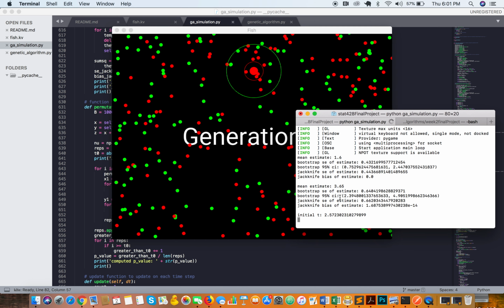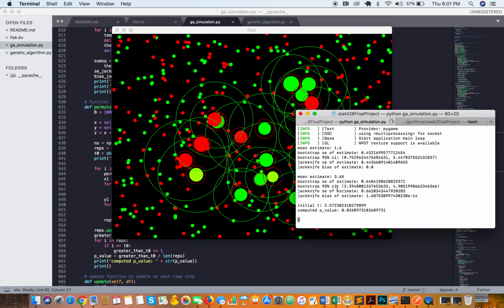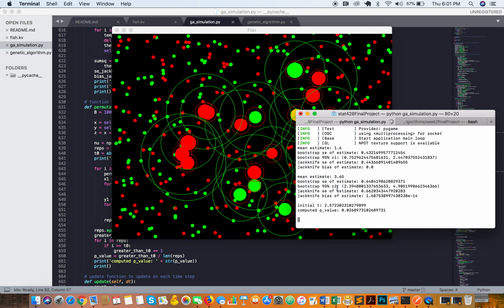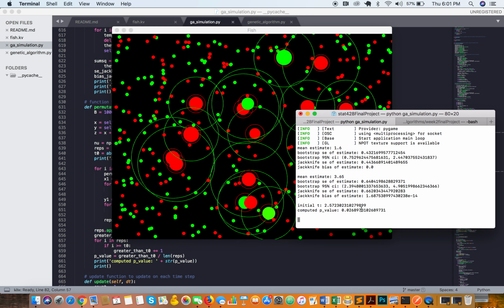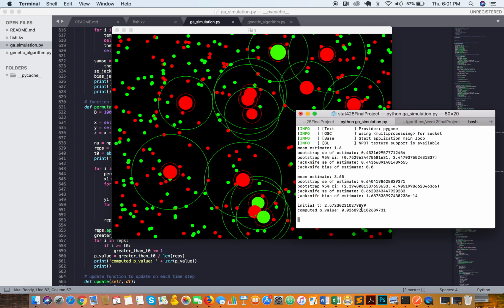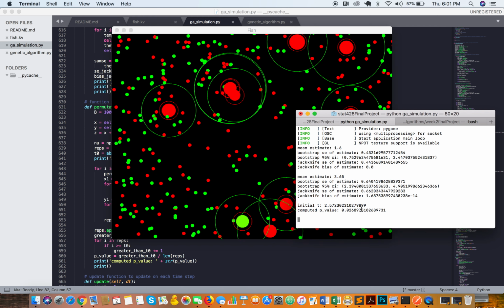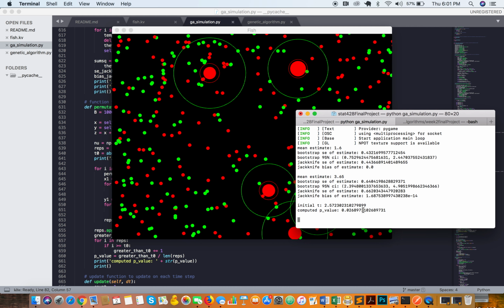So as you'll see, the mean estimate immediately in the second generation was higher than the mean estimate from the first generation. So the fitness is actually increasing, and you can see from the permutation test that these organisms are actually coming from two completely different distributions.